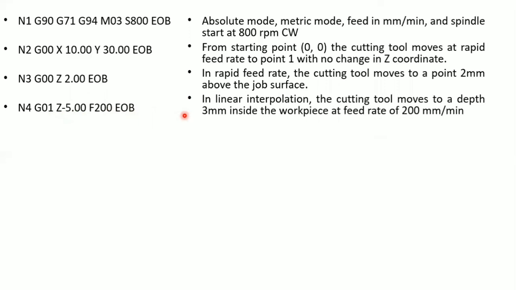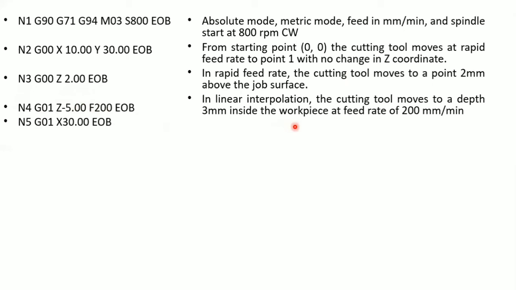Here in linear interpolation, the cutting tool moves to the depth of 3 mm inside the workpiece. The Z coordinate is 2 mm above the surface, and now we have to drill 3 mm inside. So that's why 2 above the surface and 3 inside the surface: minus 2 minus 3 is minus 5. So that's why here Z is equal to minus 5.